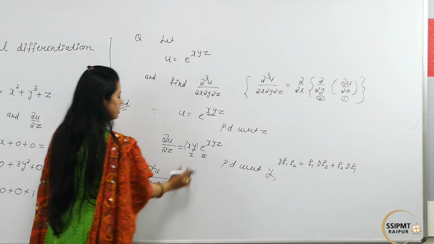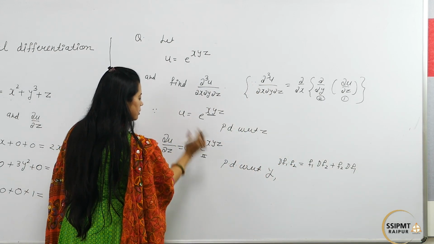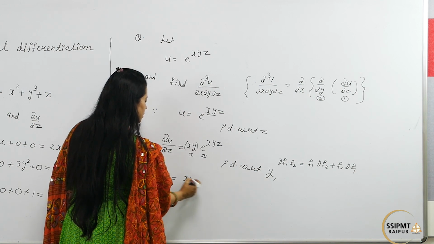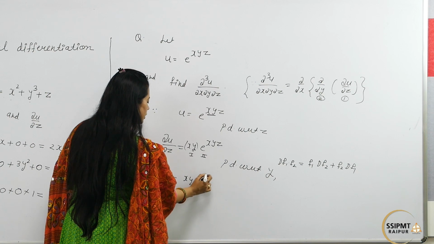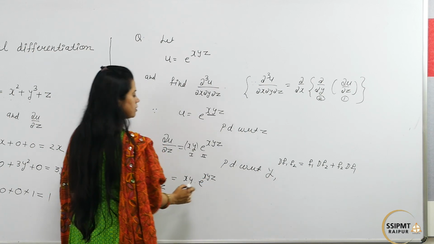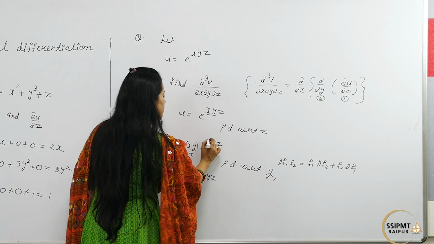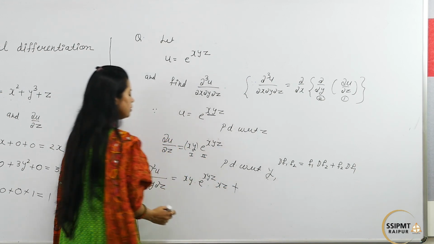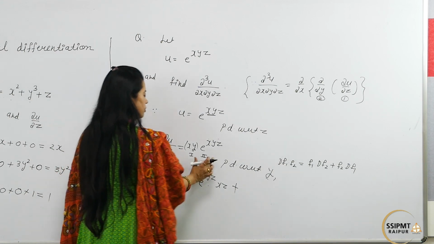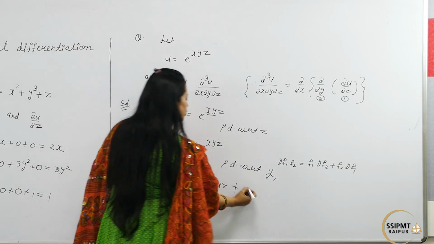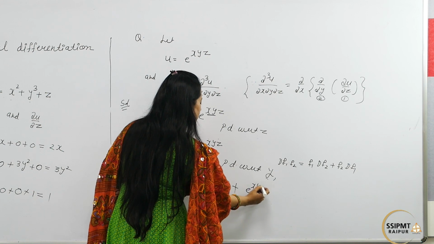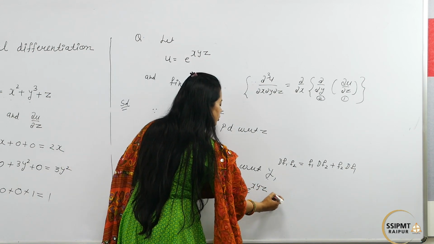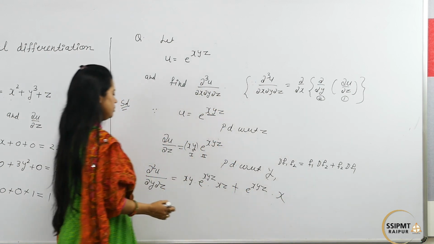So first function into differentiation of second: e to the power xyz, and this time with respect to y, x and z are constants, so into xz. Plus second function into differentiation of first with respect to y, so into x.